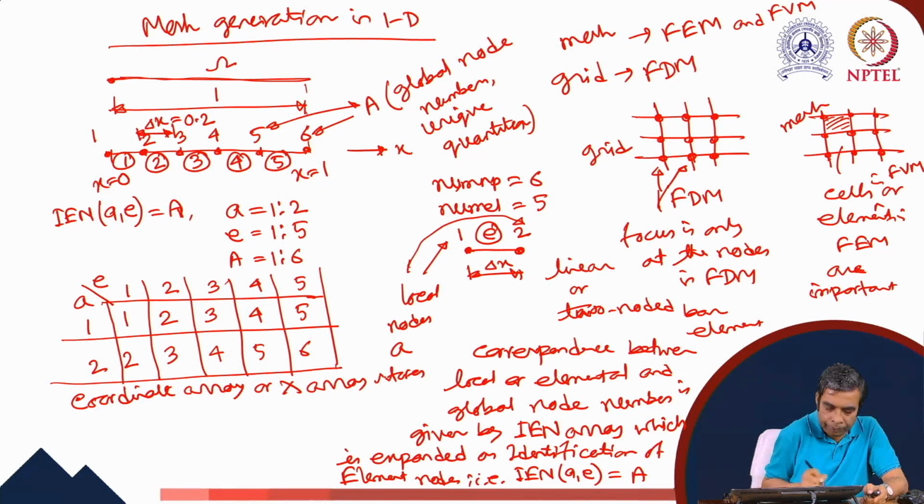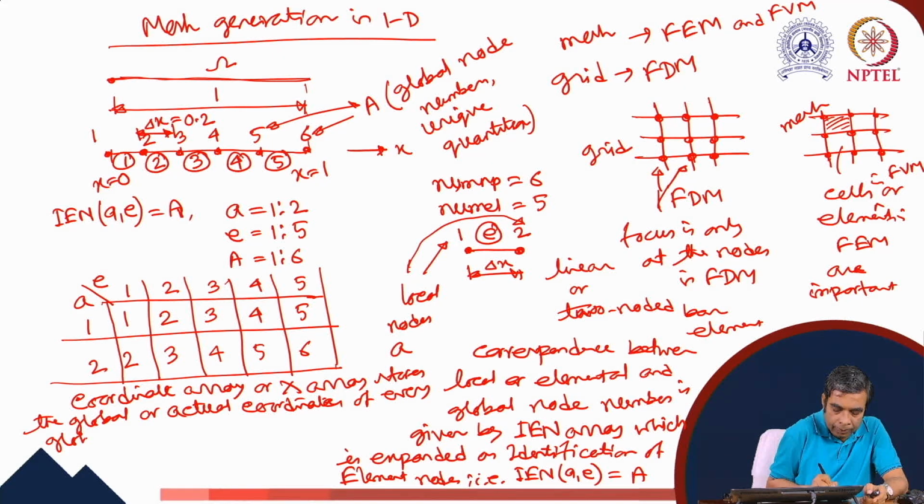stores the global or actual coordinates of every global node. So the first thing is the IEN array and the second thing is the coordinate array.